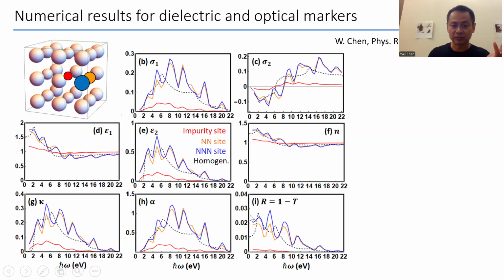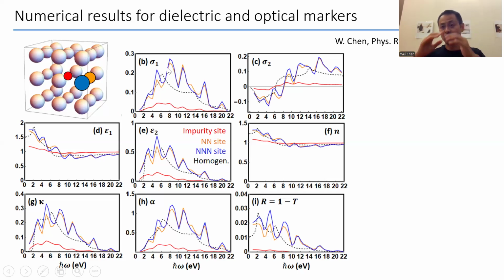All the figures have spiky features compared to the homogeneous dashed lines. This is because I do the simulation on a rather small lattice where the lattice eigenstates are very much discrete. If you have discrete eigenstates, then the optical transitions are going to peak at the transitions between the discrete eigenstates. So you're going to see these peaks.